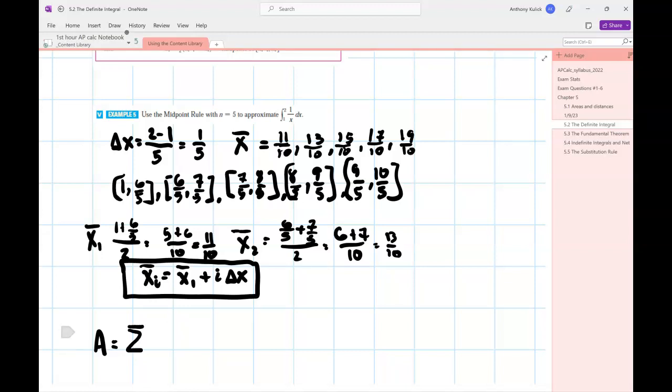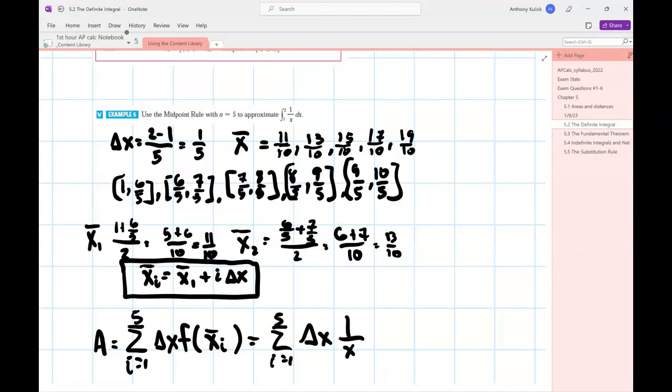So we have the sum i equals 1 to 5 of delta x times f of xi bar. So that's going to be the same as the sum from 1 to 5 of delta x times 1 over xi bar.